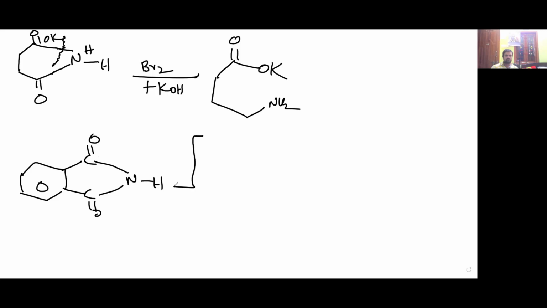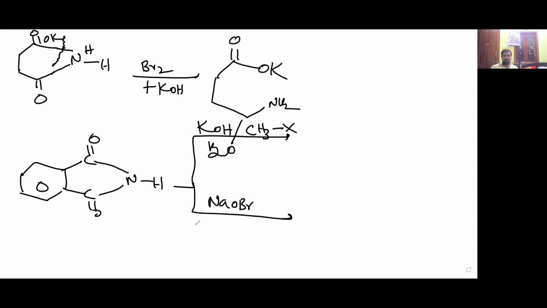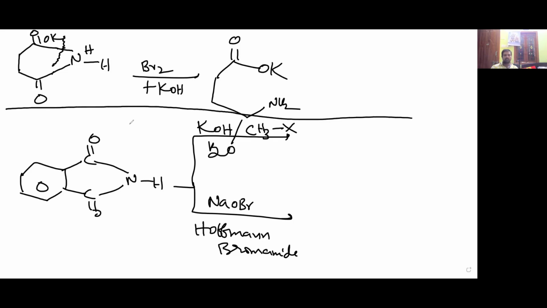This is treated with KOH, or RX, or methyl halide, and hydrolysis, and this is treated with NaOBr. The lower reaction is Hoffmann bromamide, and the upper reaction is Gabriel phthalimide synthesis.